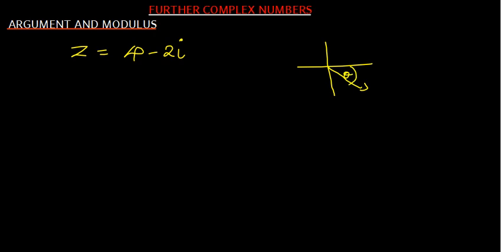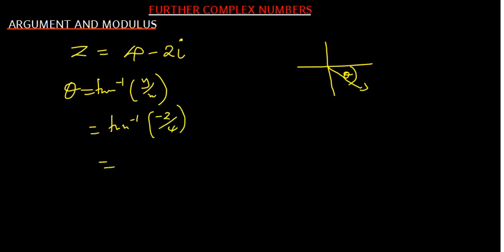Okay, so let's go and find theta, which is going to be tan inverse of y over x. So that is going to give us tan inverse, our y value is negative 2, the x value is 4. This is the same as tan inverse of negative 1 over 2, if we work out what is inside there.